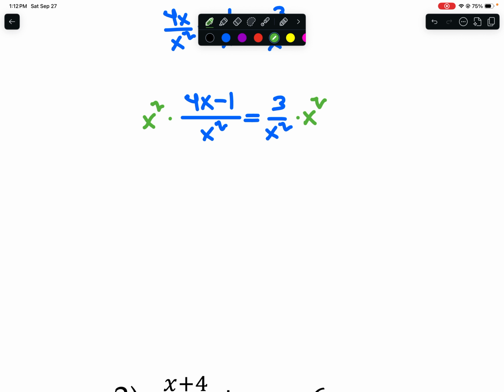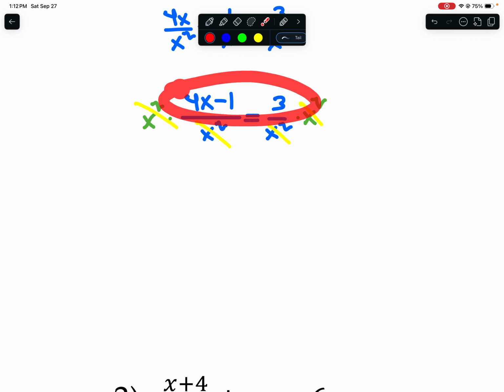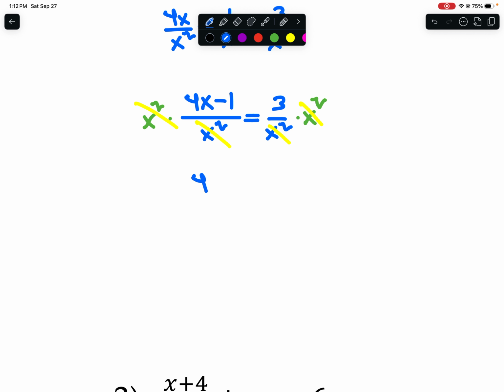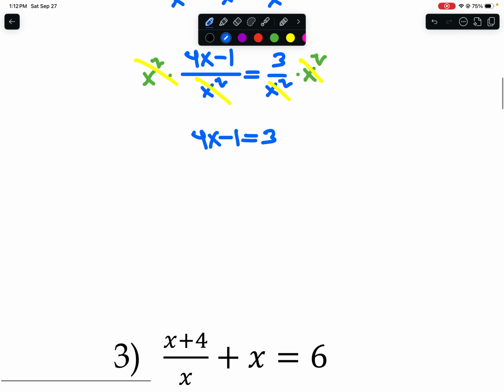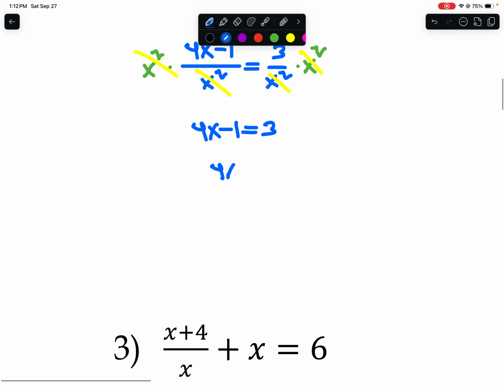The left side simplifies, and the right side simplifies, so all we're left with is the numerators. I'm going to have 4x minus 1 equal to 3, and then we solve this equation. Add 1 on both sides, so we get 4x equals 4, and then divide by 4 on both sides, and we get an x value of 1.